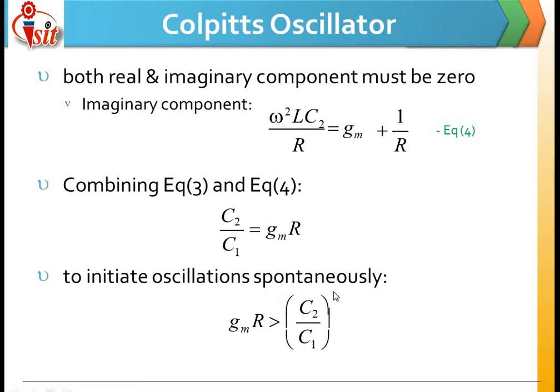Both the real and imaginary part components must be 0, that is, omega square LC2 divided by R is equal to GM plus 1 divided by R.